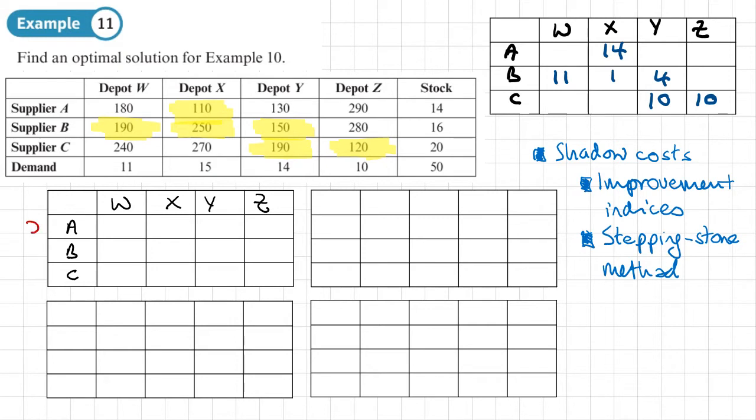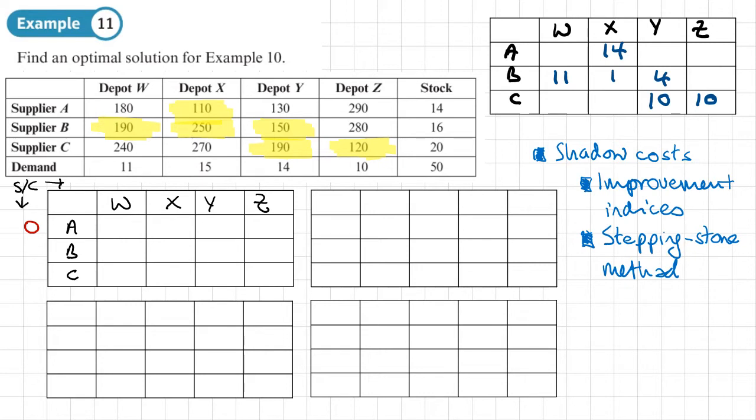So these are my shadow costs. I haven't written the headings down, but you could put shadow cost. I'm going to write them down here and along the top. Remember, we need to keep all of this balanced. So if I've got a 0 shadow cost here, then this one needs to be 110 to ensure that we get the same total.